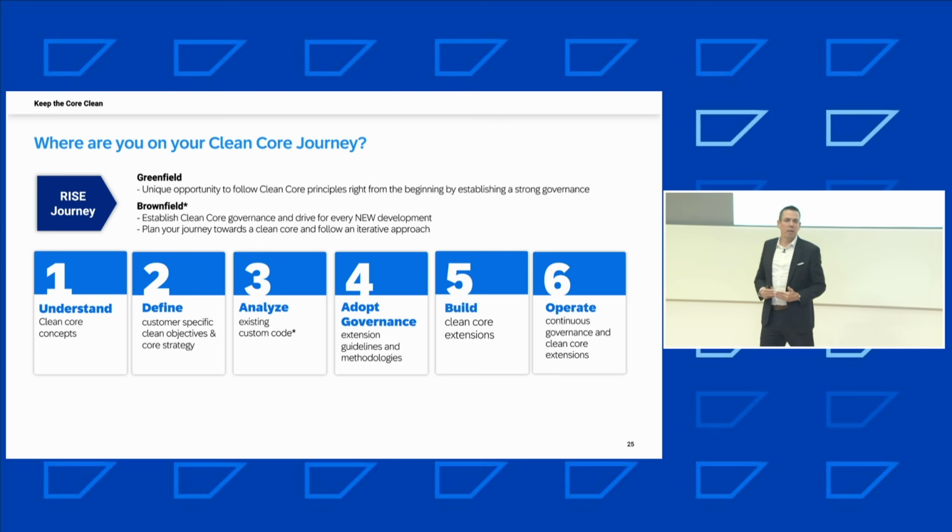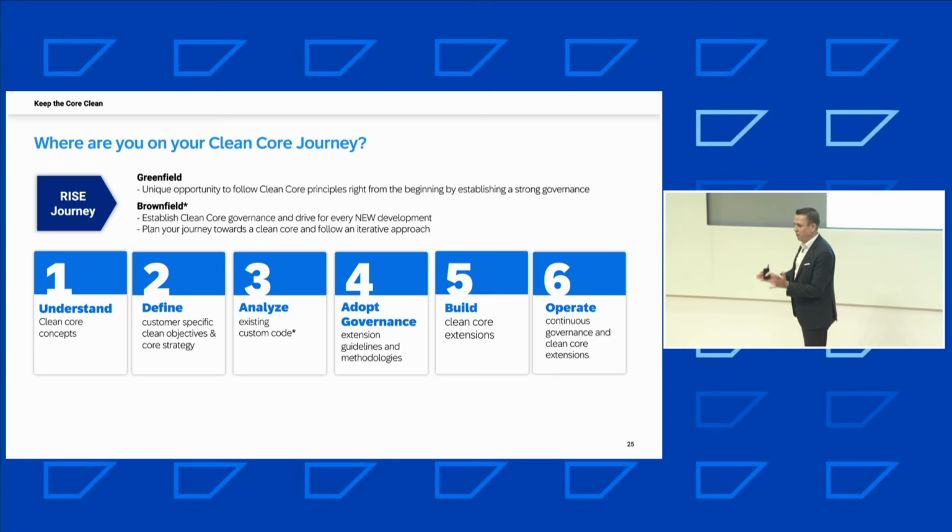Then depending on the question, if you are a brownfield or a greenfield customer, your journey is different. As a brownfield customer, it typically starts with analyzing your existing code base, identifying the troublemakers, and define your, let's say, path to clean.